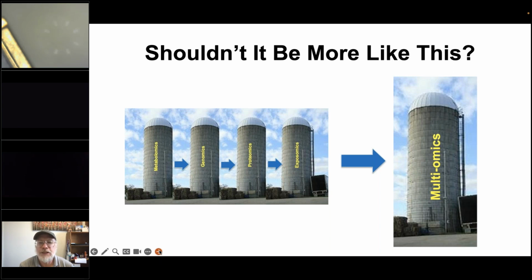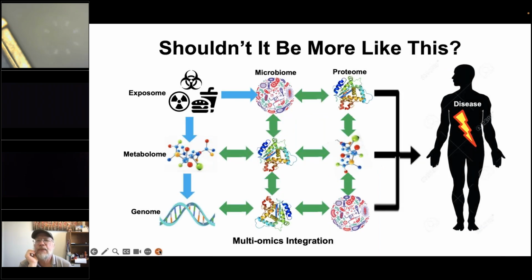We shouldn't be separated as multiple silos. We should be really under one giant silo doing what we call multi-omics. And it shouldn't necessarily be something that is separated, as I showed in the earlier diagrams, but one where you think of these omics fields as being more integrated, more connected.